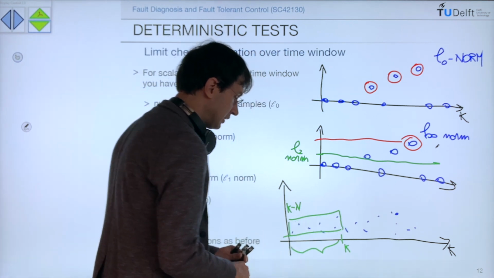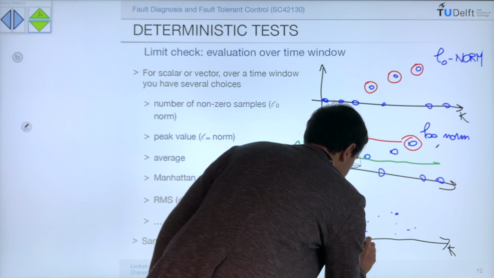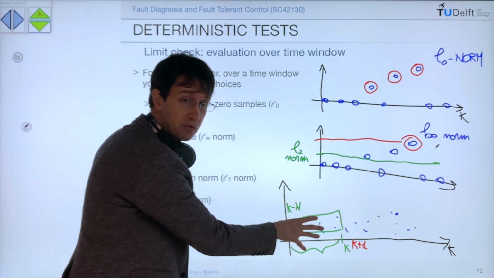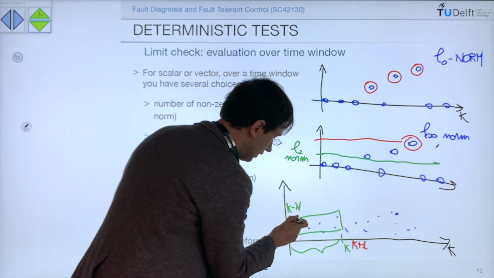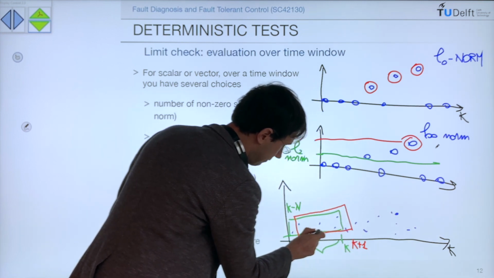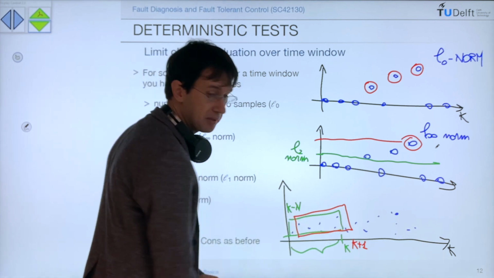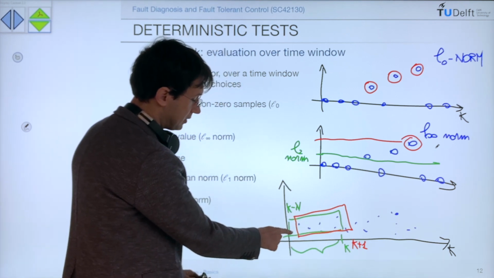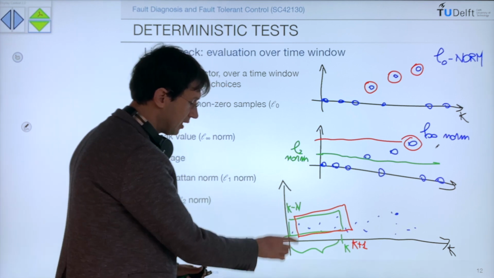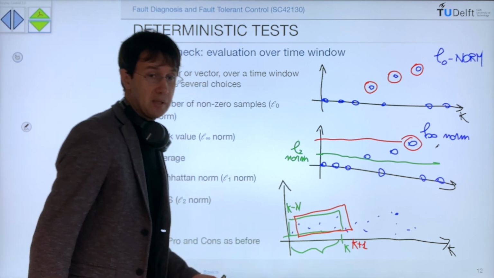When I get to instant k plus 1, I'm taking this window and moving it one step forward. So now I am looking at here. I get a new sample in my window, the one at time k plus 1, and I'm dumping one old sample that was here, the k minus n sample. So the first sample that I'm looking at now is k minus n plus 1.